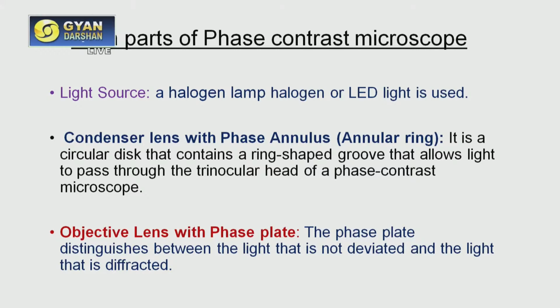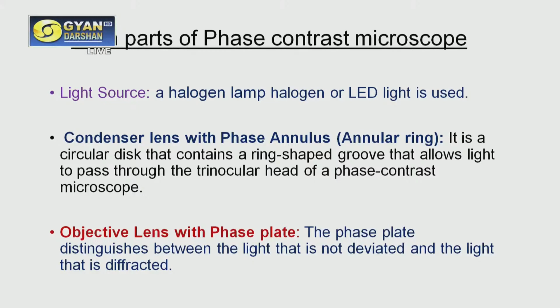They are equipped with the phase annulus, or we can say annular ring. The annular ring is just below the condenser lens. It is a circular disc that contains a ring-shaped groove that allows light to pass through. Another important part of this phase contrast microscope is the objective lens with phase plate.